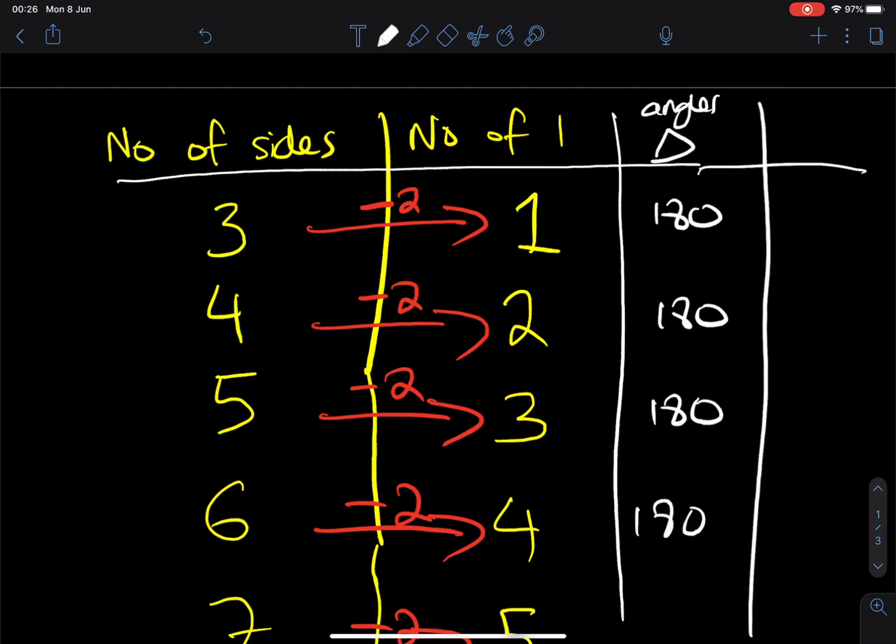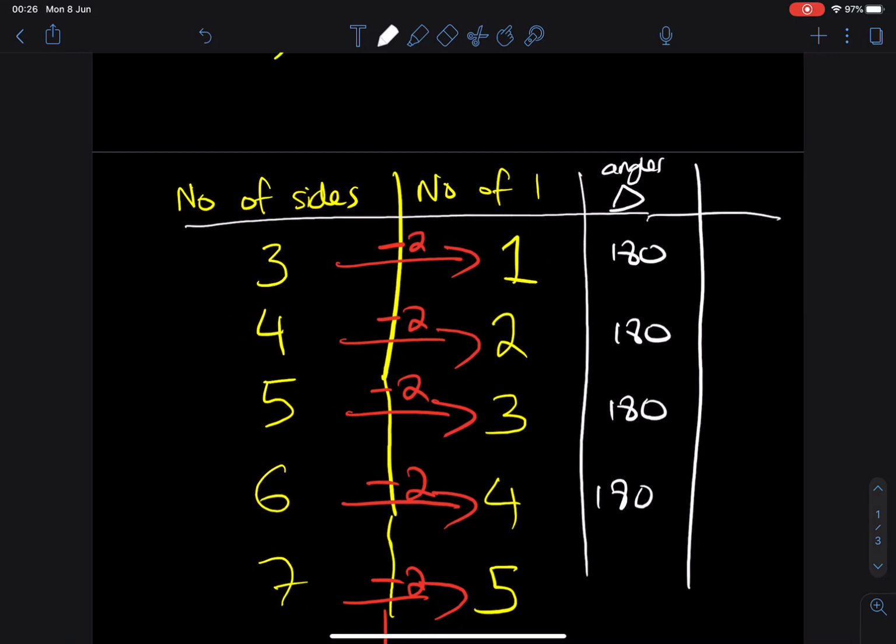So the sum of interior angles for a 3-sided shape is 180 times 1, which is 180.